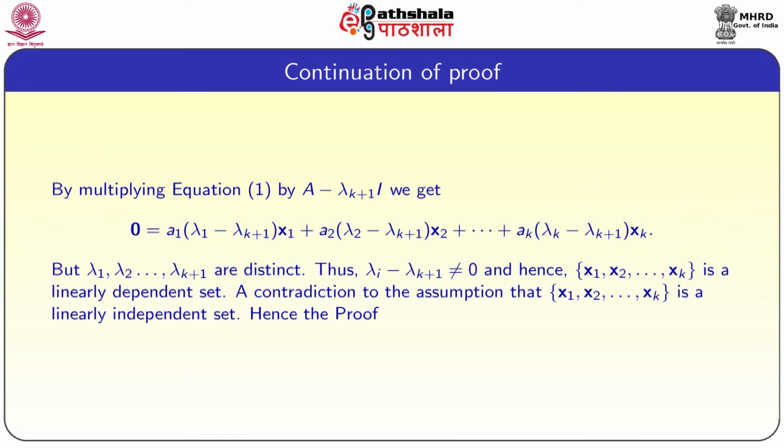But lambda 1, lambda 2 and so on lambda k plus 1 are distinct. Thus, lambda i minus lambda k plus 1 is not equal to 0. Hence, x1, x2, and so on xk is a linearly dependent set, a contradiction to the assumption that x1, x2 and so on xk is a linearly independent set, hence the proof.